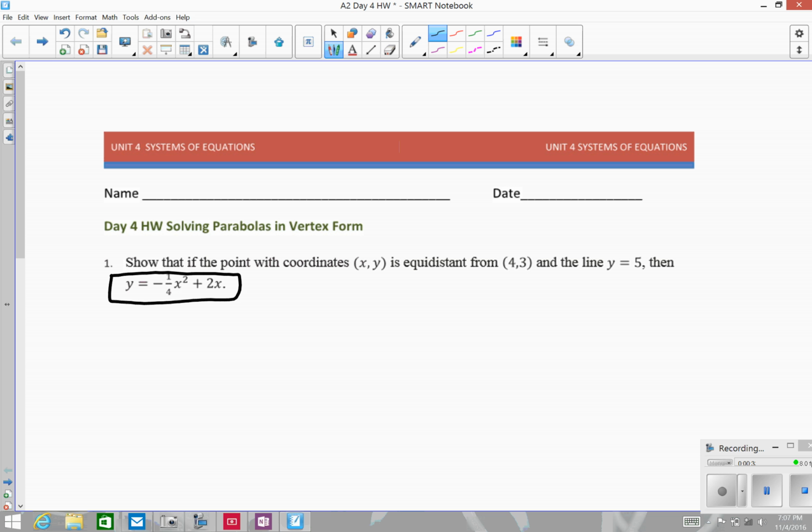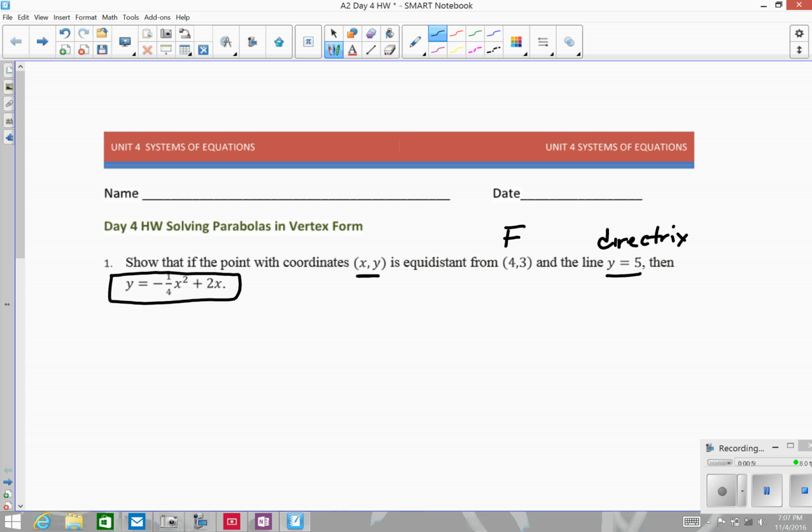Here's what I mean. In this first problem, we are going to show that if we have a coordinate point xy equidistant from the point 4, 3, that makes that point our focus. I'm going to label that F. And it is also equidistant from a line, y equals 5, that would be the directrix.